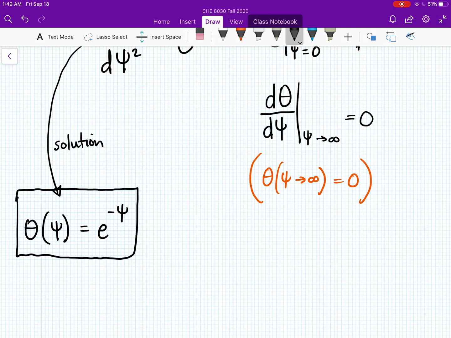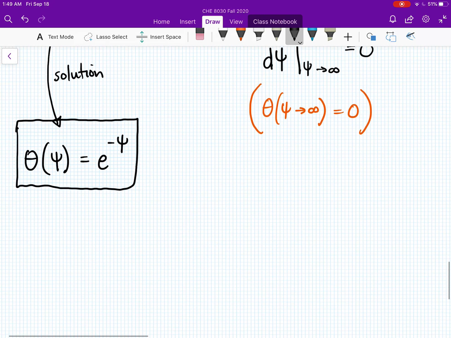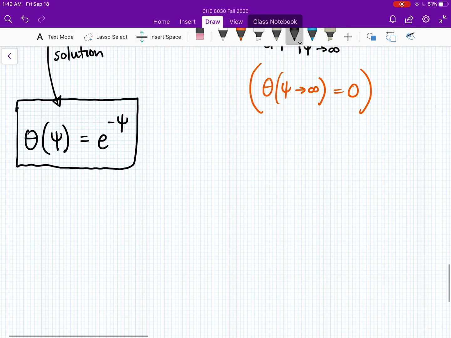Hopefully that equation looks familiar, because it is equivalent to the equation that we wrote down for the example problem when we solved the non-rescaled version. It's equivalent when we examine the limiting behavior of that exact solution.